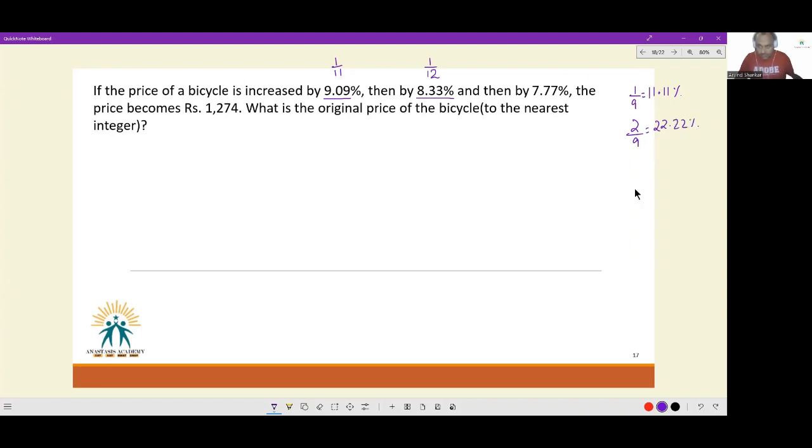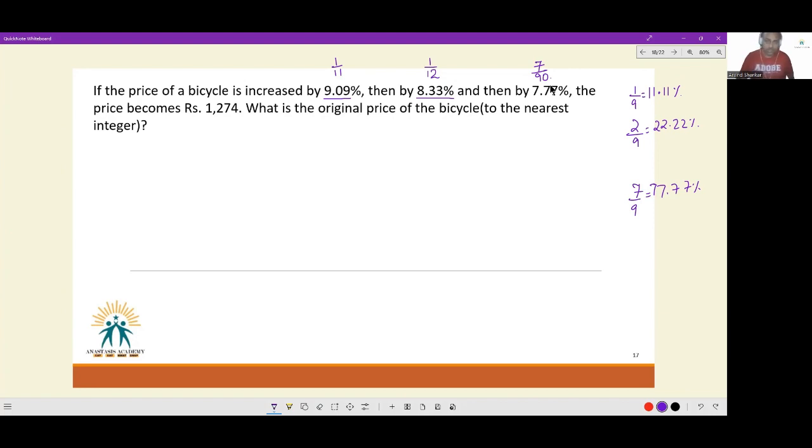Can you see in this line of thinking, 7 by 9 will be equal to 77.77%, but we haven't got 77.77%. We've got one decimal place shifted. So this here points to 7 by 90 as a fraction. 7.77% is 7 by 90 as a fraction.